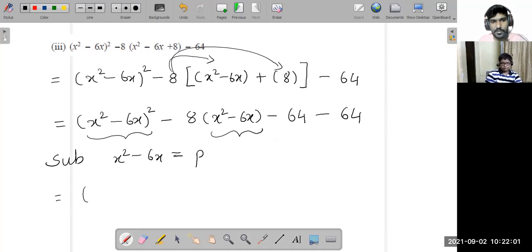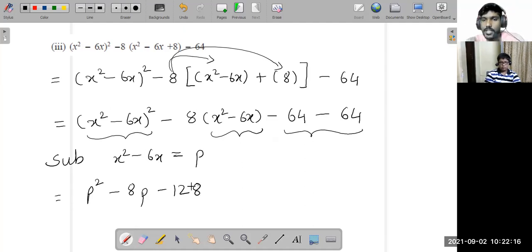So this is p squared minus 8p. And lastly, minus 64 minus 64 will become minus 128. Okay, that's adding. Got it?